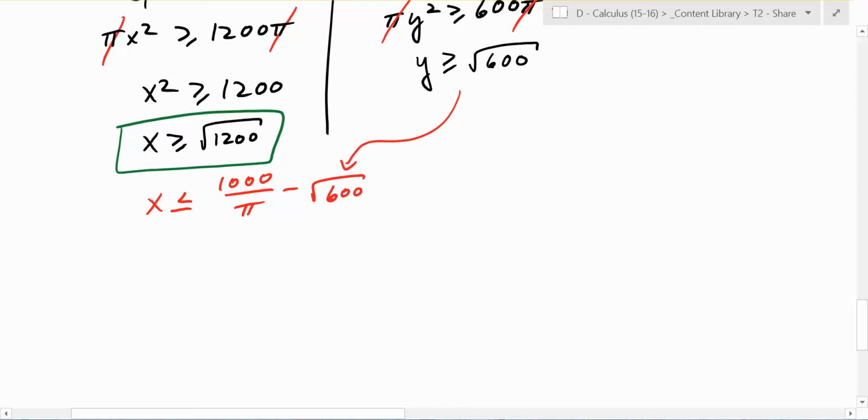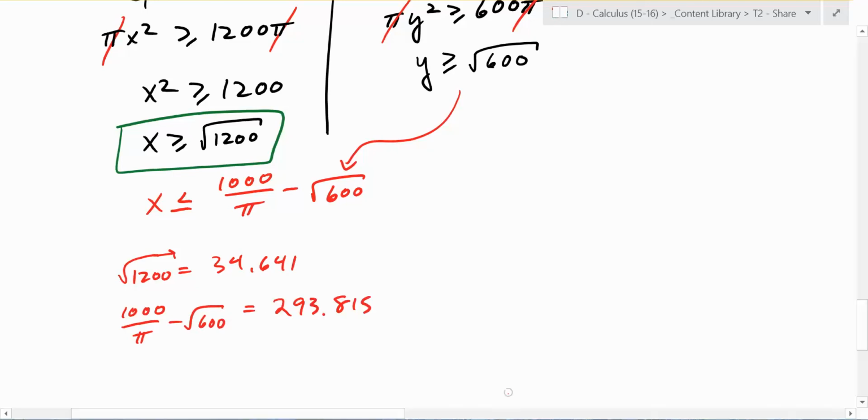Can you give me the decimals now, Sarah? What's the square root of 1200? 34.641. And what is 1000 over pi minus the square root of 600?